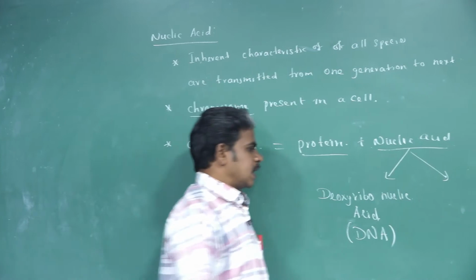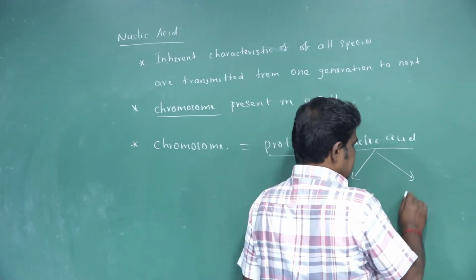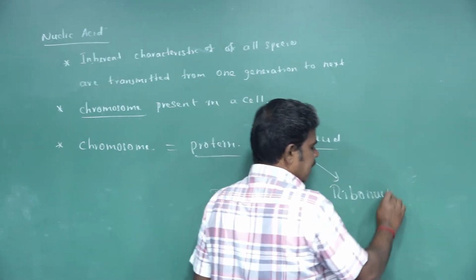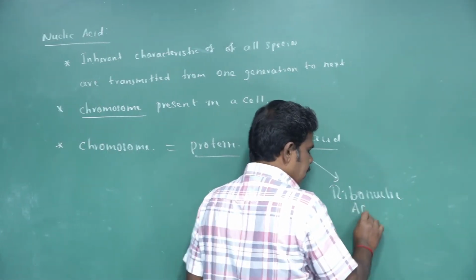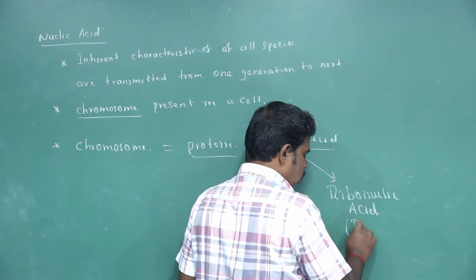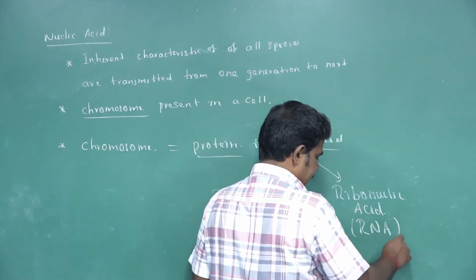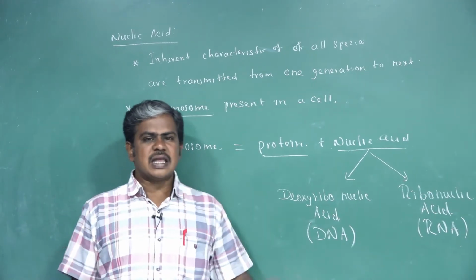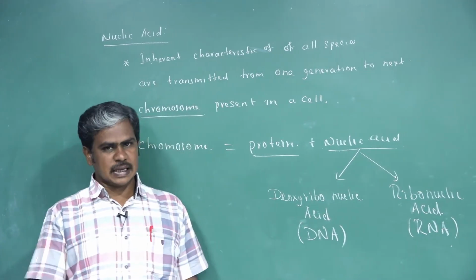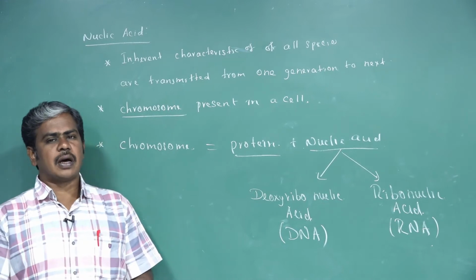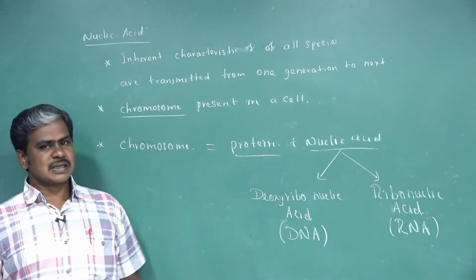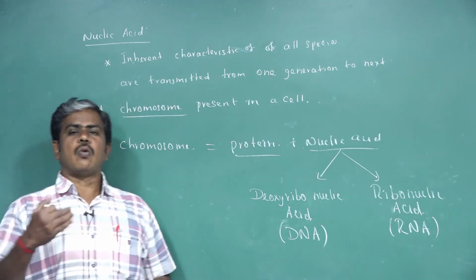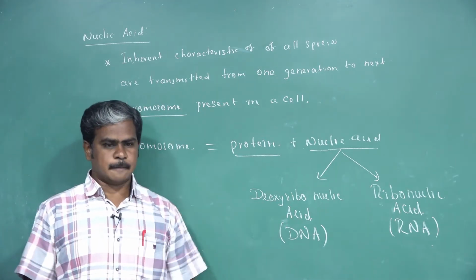Another one is ribonucleic acid, known as RNA. The DNA and RNA present in the chromosome in a cell are responsible for the inherent characteristics transmitted from one generation to the next.